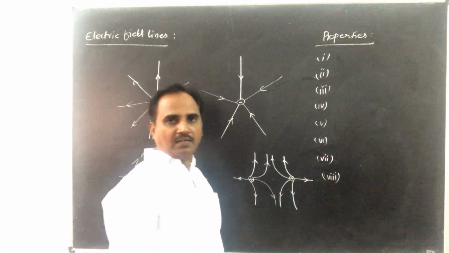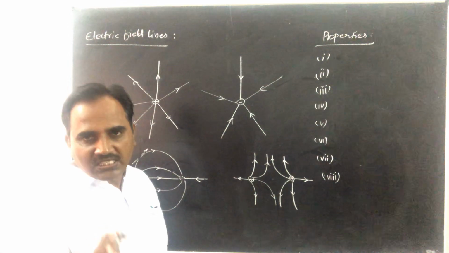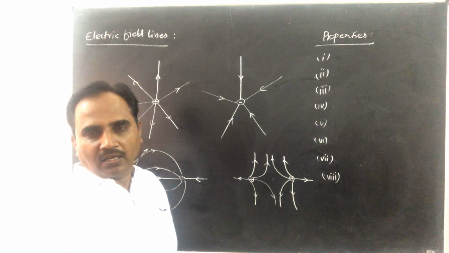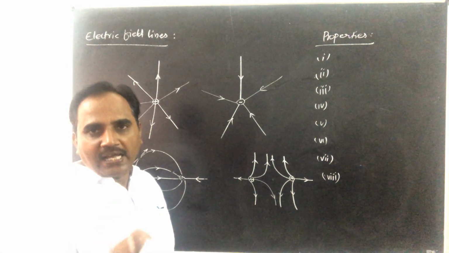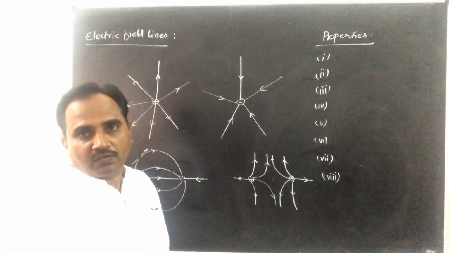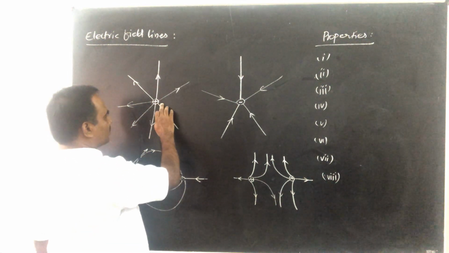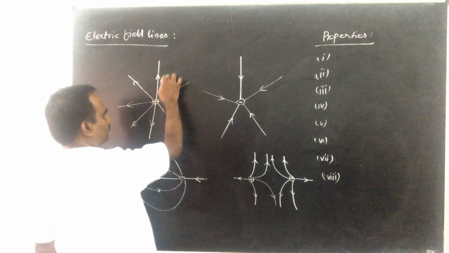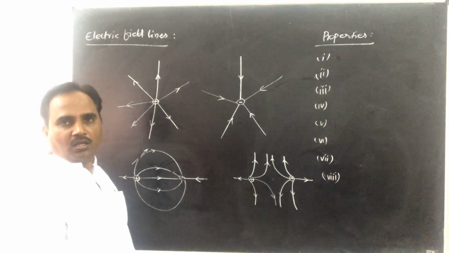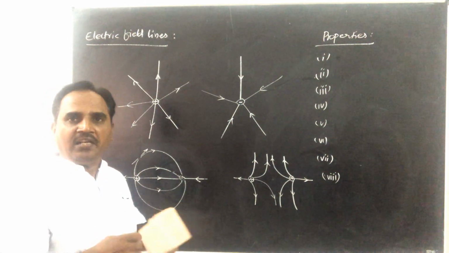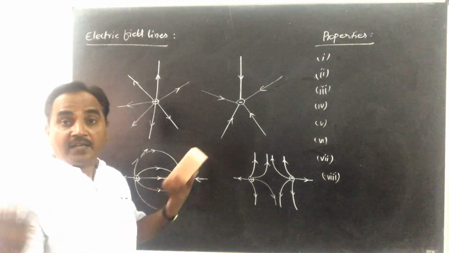Number of electric field lines passing normally through a given area is directly proportional to strength of electric field. Here you see, around a charge there can be any number of lines. In an electric field, there can be any number of lines. There can be an infinite number of lines.